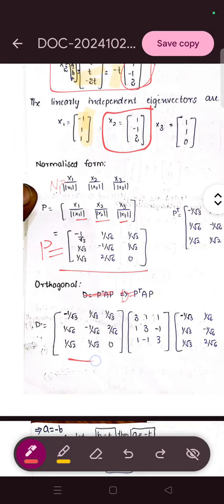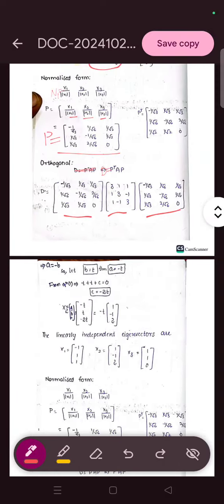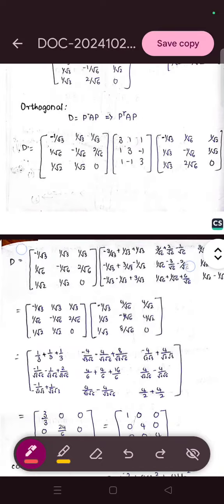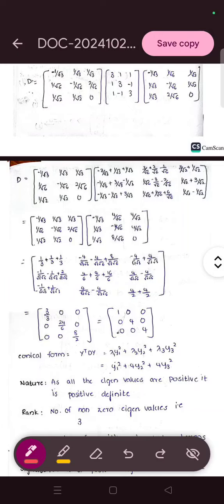So this is the matrix P transpose, this is the capital A matrix, and this is the P matrix. So this page is repeated, don't worry. So if we multiply these last two matrices, we get this matrix.